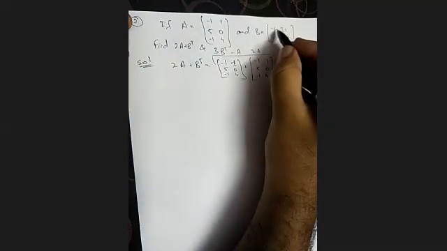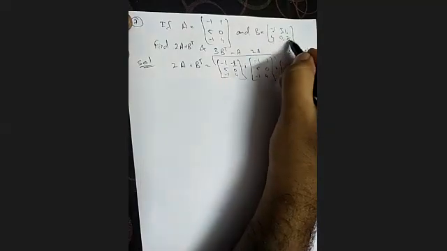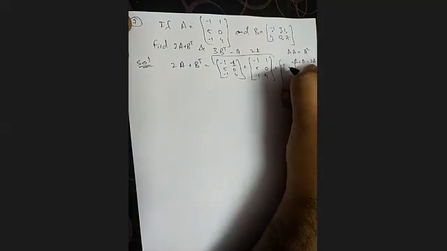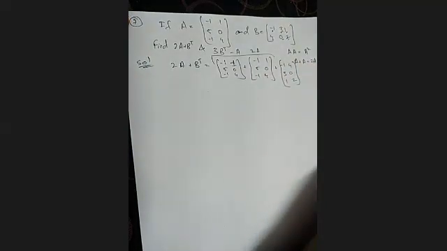Okay. B is minus 1, 3, 1, 4, 0, 2. So B transpose will be minus 1, 4, 3, 0, 1, 2. I hope you all have understood how to find transpose.